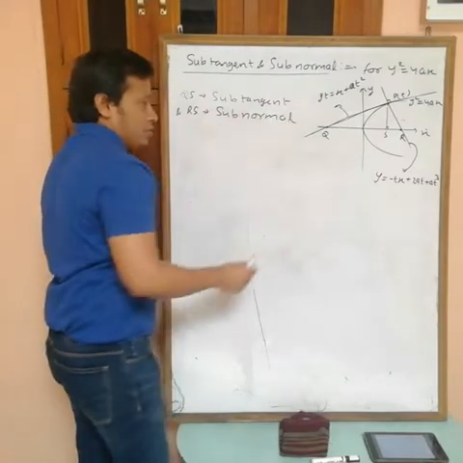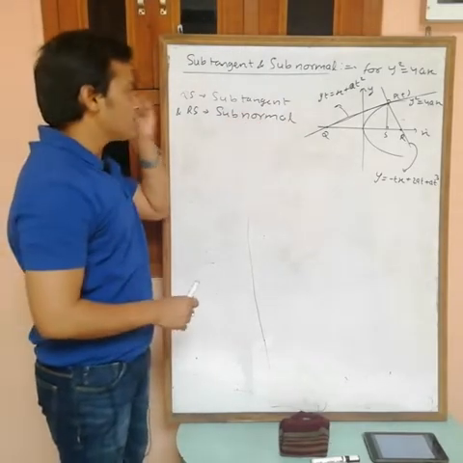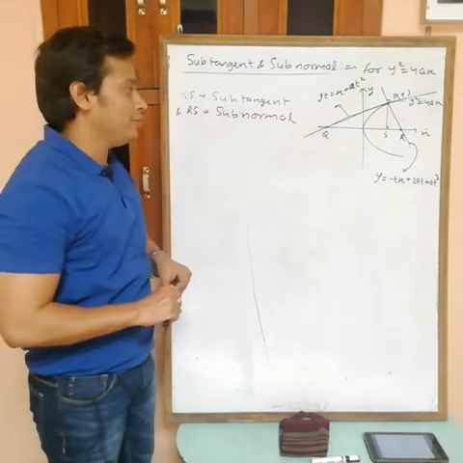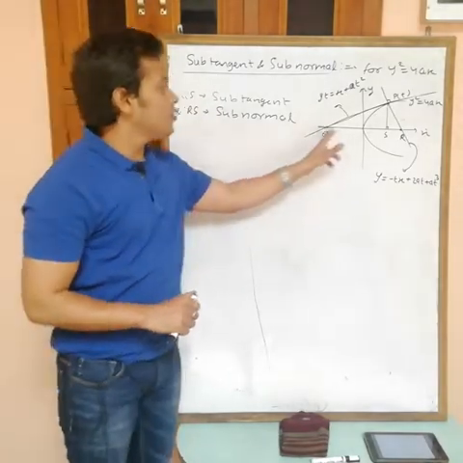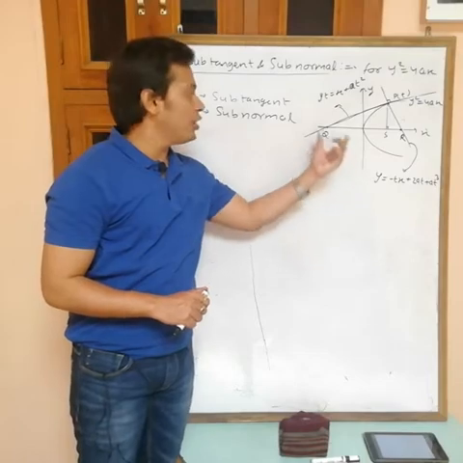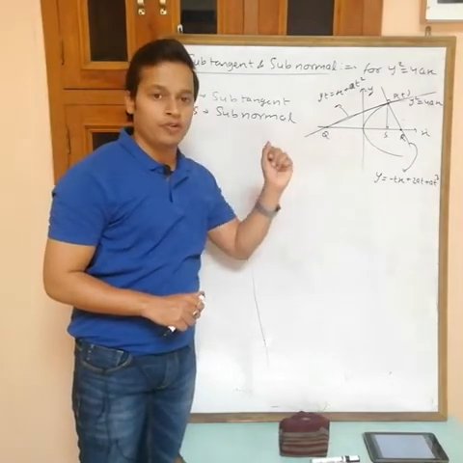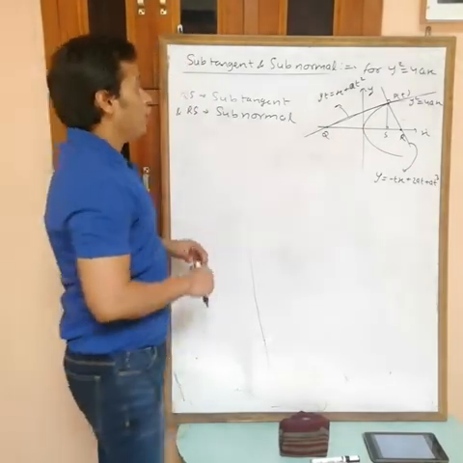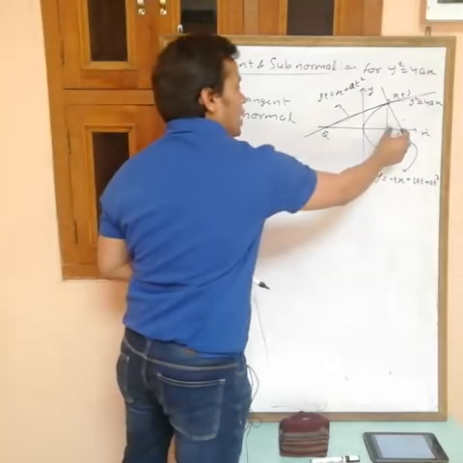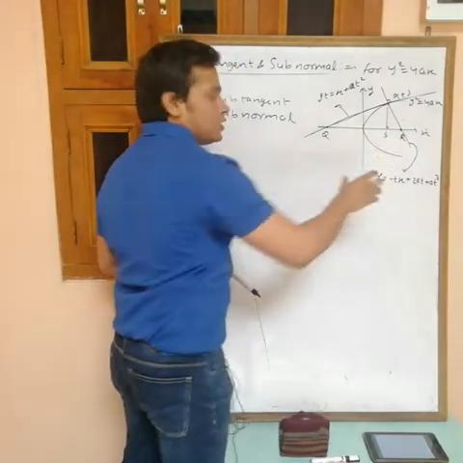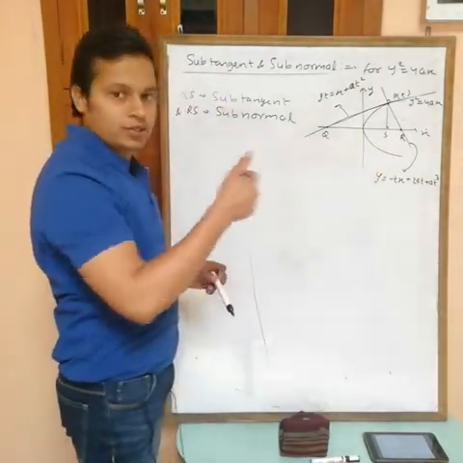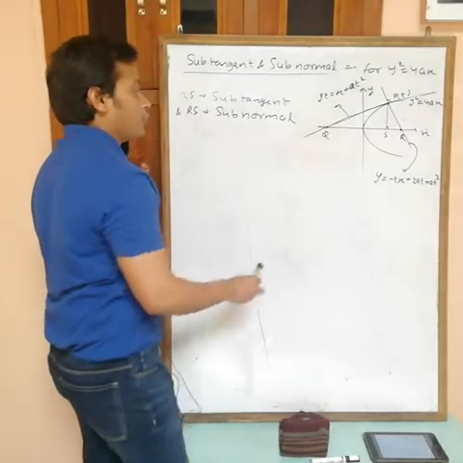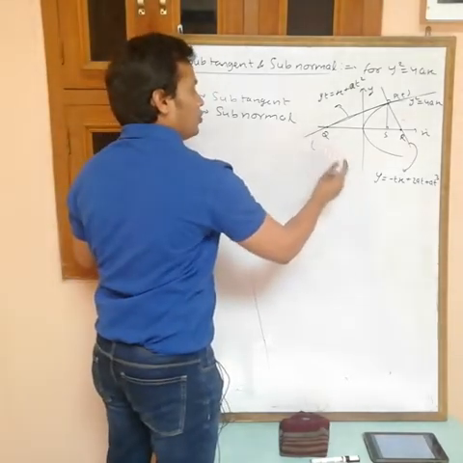Now if you want the length of subtangent and subnormal, then to find the length of subtangent QS, we want the coordinates of Q and of S. And to find the length of subnormal, RS, we want the coordinates of these two, then we can find the length as x2 minus x1. Now can you find Q?